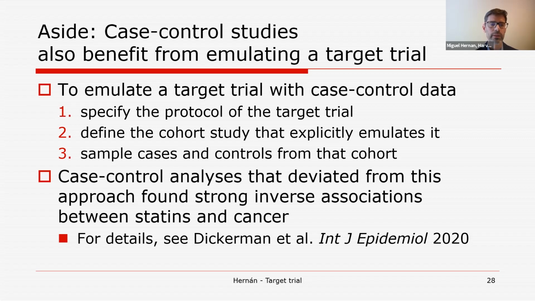It wasn't emulating a target trial. If we have case control data, we will do the same thing. First, we have to specify the protocol of a target trial. Then we have to define what is the cohort study that we will use to emulate the target trial, and then sample the cases and the controls from that cohort. And that will be our case control study.